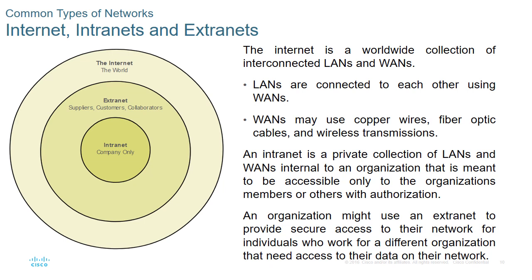So for example, our college may have branches in 2-3 places, or we will take an example of Lulu, which has branches in Nizwa, Muscat, and many places. So it allows the employees of Lulu to access all the branch networks. So that is what an intranet is. So intranet is a private collection of LANs and WANs.